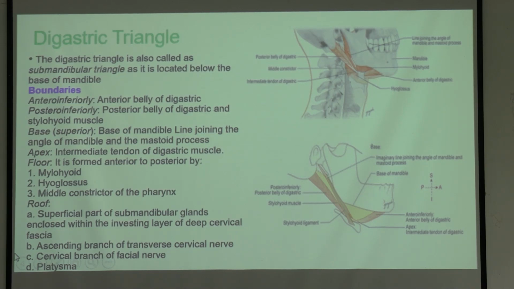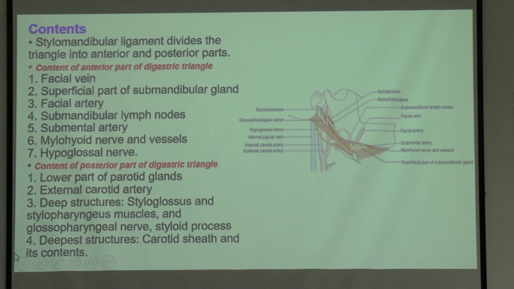Now, these are the contents which we can find in the digastric triangle. Here we can find one very important salivary gland, actually the superficial part of the submandibular gland.